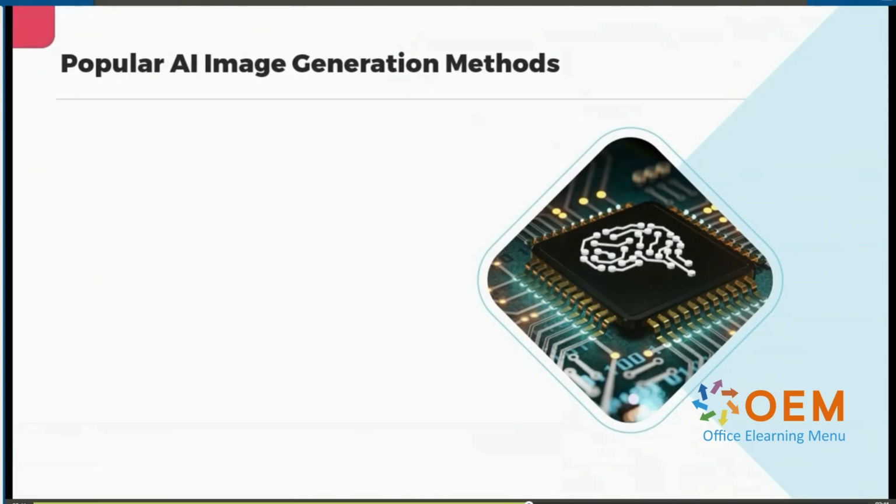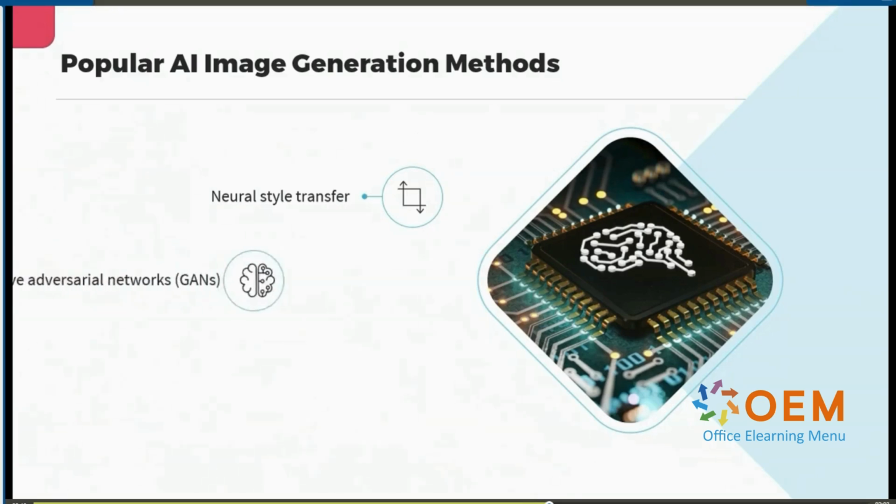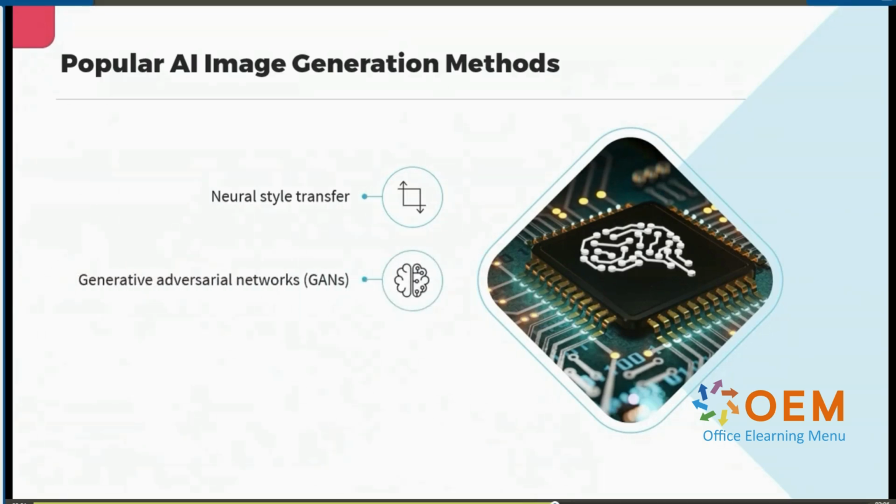And there are some popular AI image generation methods that we should look into. One of them is the neural style transfer, and there are the generative adversarial networks. These are the GANs that are used right now. And then there are also diffusion models. If we think about the generative adversarial network, we're employing a duo of neural networks to train to produce realistic images that resemble the ones in the training set.